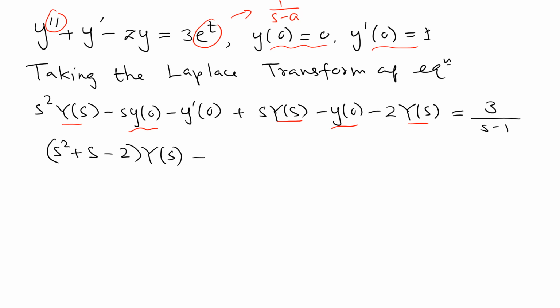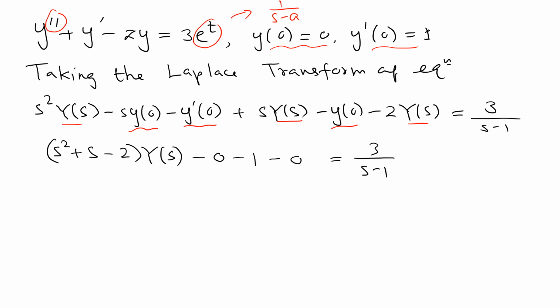If y(0) is 0, you get a 0 for the first one, and y prime(0) is 1, so you get a 1 from the first one. From the second one, there's a minus y(0), which is 0. That's what you get on this side, and on the other side you still have 3 over s minus 1.